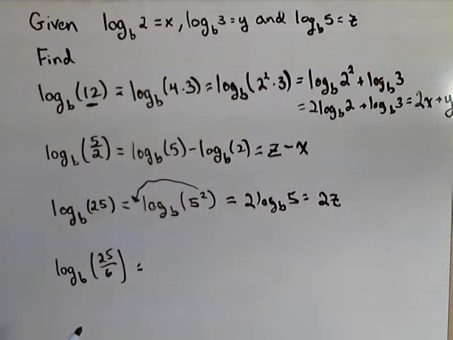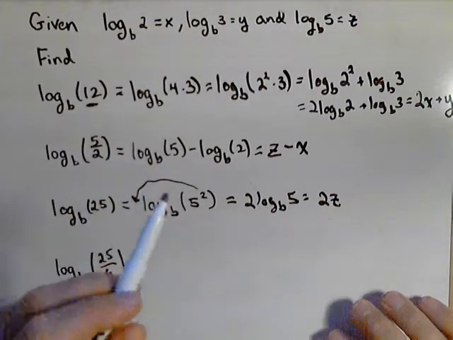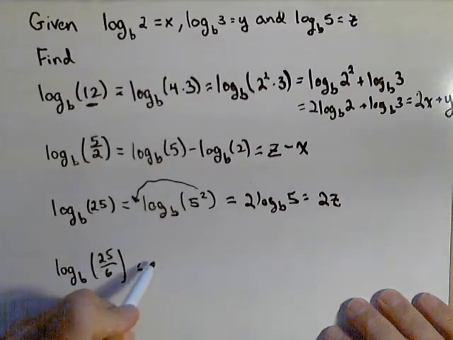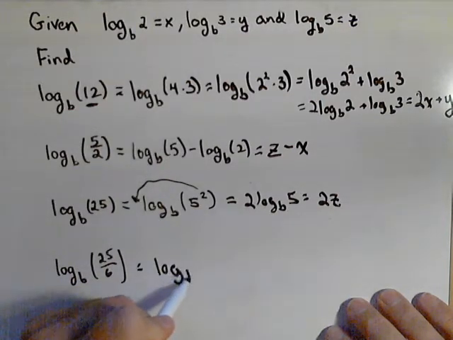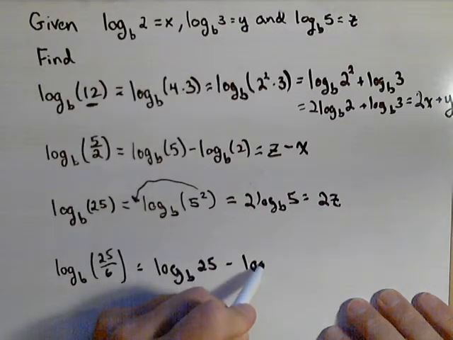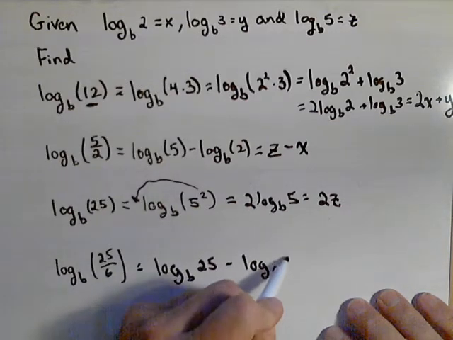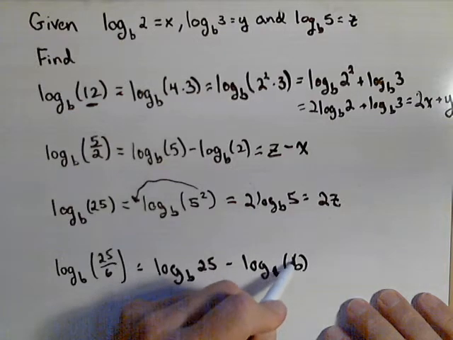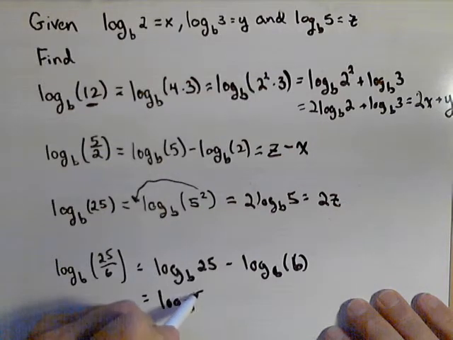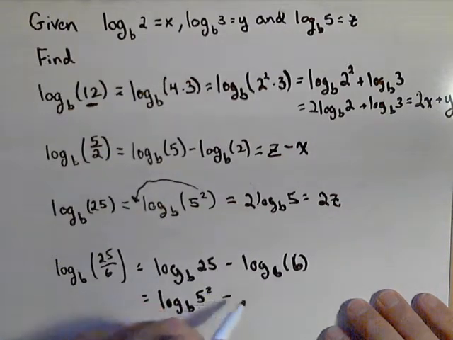Last one. Now again, we don't see the 2, 3, or 5, so let's see what we can do. Well, we know we can write this as log base b of 25 minus log base b of 6. Well, we already did log base b of 25. We know we could write that as 5 squared.